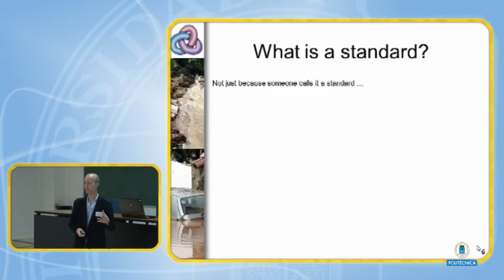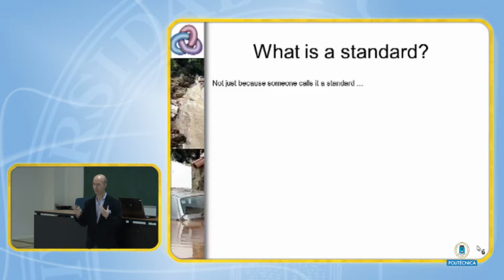But then the question becomes, what should I take as a standard? It's good to use a standard, but what do we accept as a standard? Obviously you should not trust somebody just saying, okay, this is a standard, you should all use it, because is the rest of the world using it?